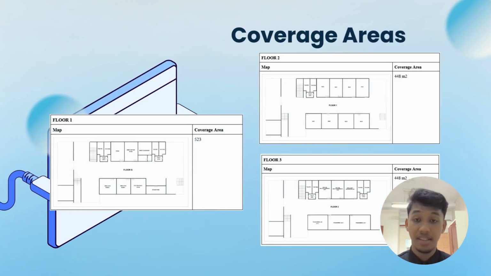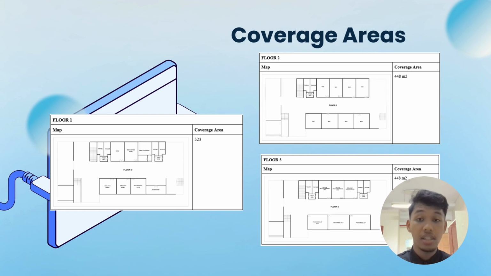For the next slide, we're going to talk about WLAN coverage areas. The coverage area refers to how much space is covered by the Wi-Fi signal. For our WLAN design, floor 1 has a coverage area of 523 square meters. Floor 2 and floor 3 each have a coverage of 448 square meters.